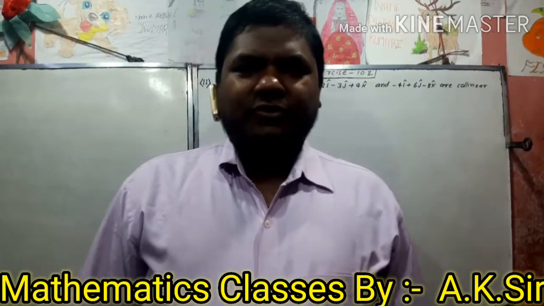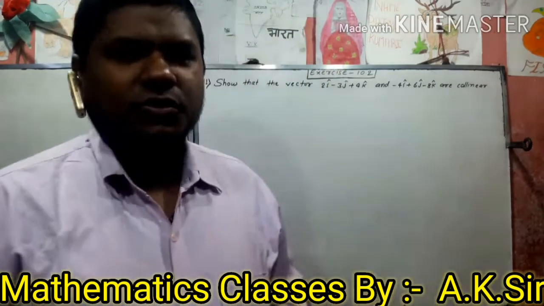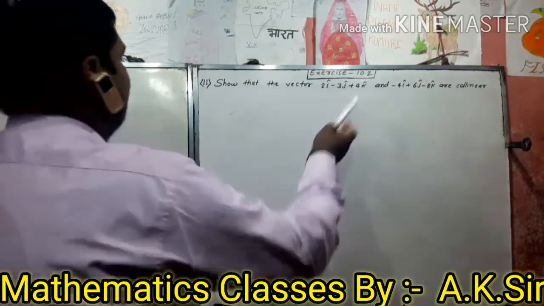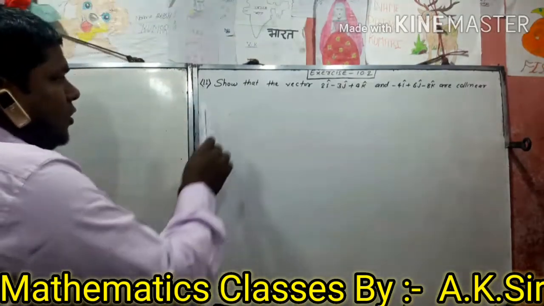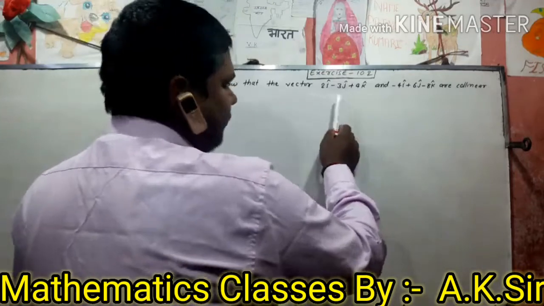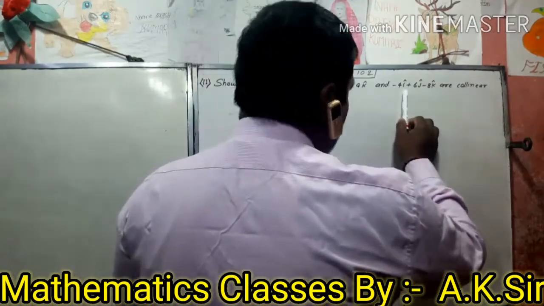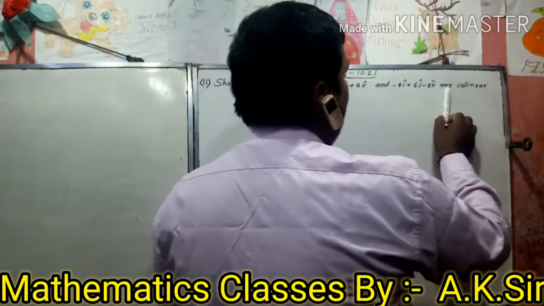I am starting your next question of exercise 10.2, question 11. Show that the vectors 2i cap minus 3j cap plus 4k cap and minus 4i cap plus 6j cap minus 8k cap are collinear.